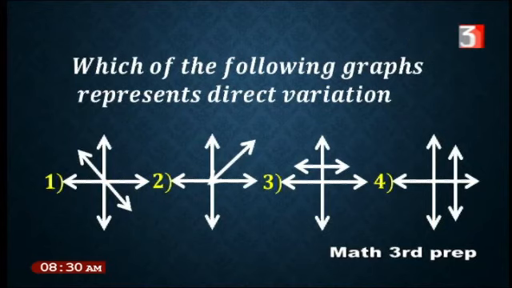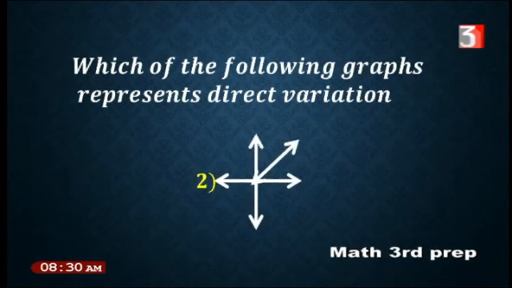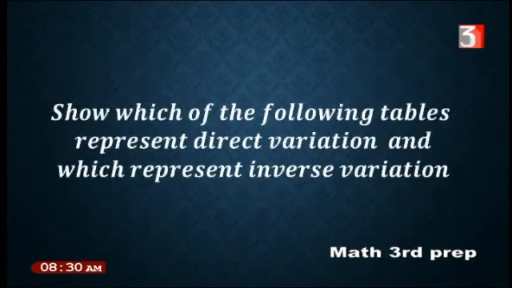They are not passing through the origin. Look carefully at 1 and 2. Both of them pass through the origin. So which of them is the correct one? It is the second one. Why? Because the increase in x is equivalent to an increase in y. But in choice 1, the increase of x is equivalent to a decrease in y. So we can say that the second graph is the one which represents direct variation.